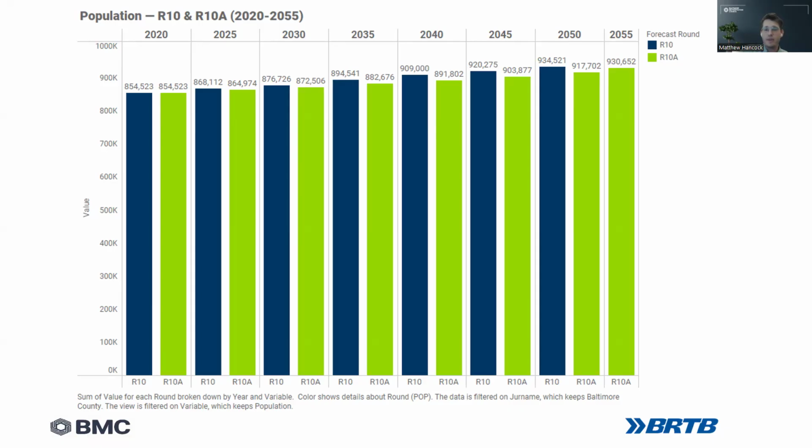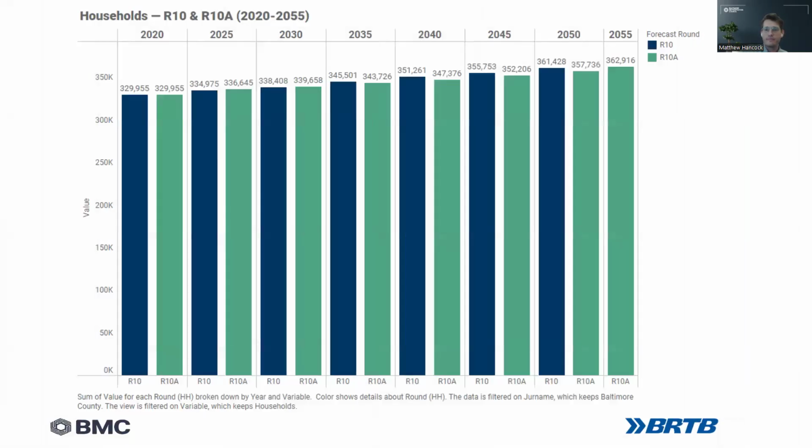And with those population comparisons next to the census, this is again within a 2% range of those estimates. So extremely close whenever we are leveling that down to that 2025 estimate year. Household figures show a more mixed pattern relative to round 10, with slightly above in 2025 to 30, and then before shifting down to below round 10 from 2035 onward.